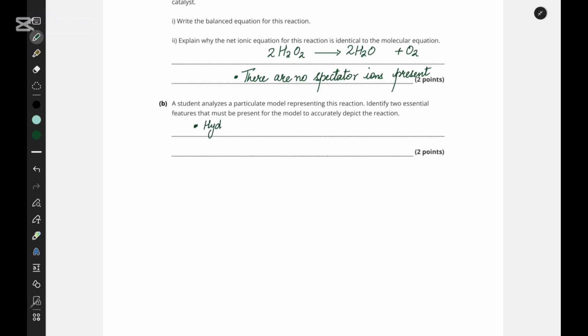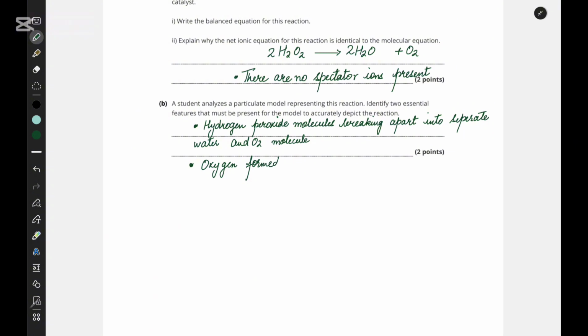So hydrogen peroxide molecules must be shown breaking apart into separate water and oxygen molecules, and oxygen which is formed as O2 molecules, that is a must, not individual atoms.